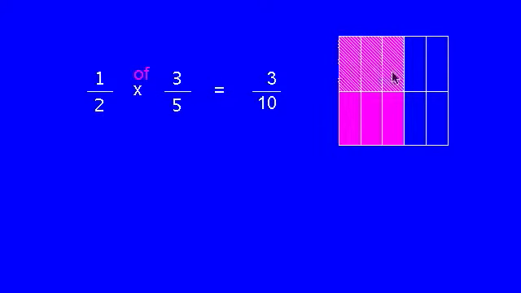So 1 row of 3 each. So the basic mechanics of fraction multiplication is you multiply the denominator across and you multiply the numerator across.